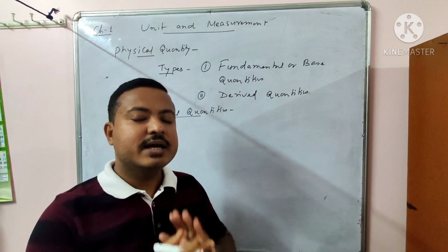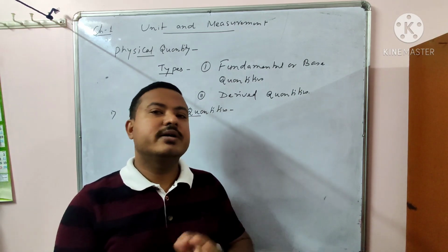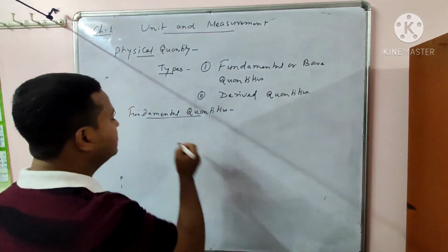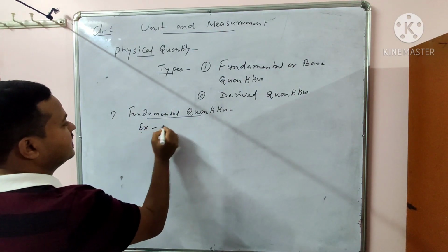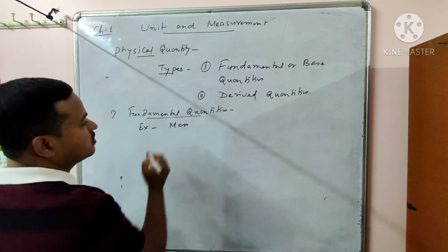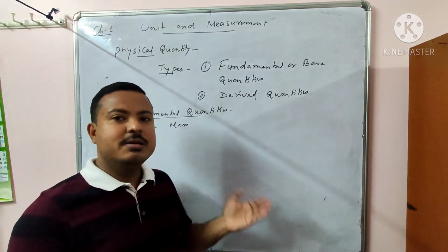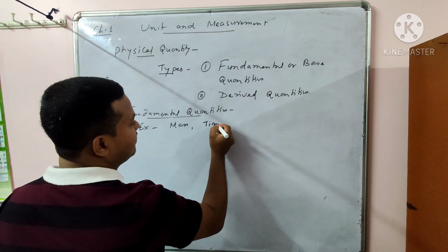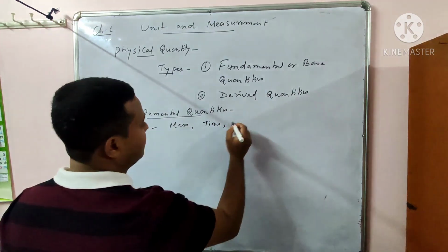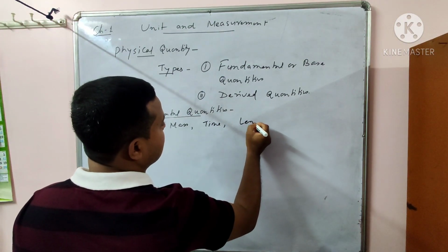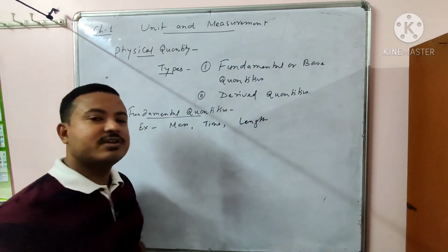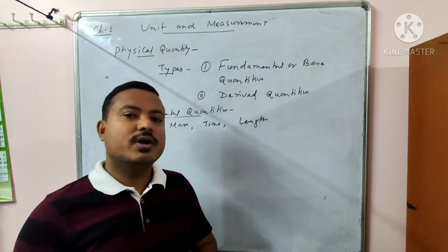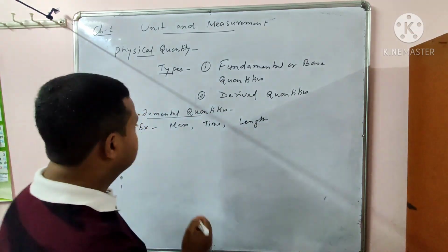These quantities are called fundamental physical quantities. For example, mass: you can measure mass independently. Then time, that also you can measure independently. Then length. So mass, length, time you can measure independently. So these quantities are called fundamental quantities or base quantities.